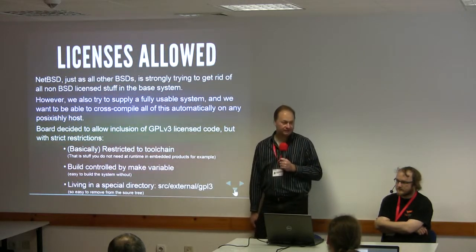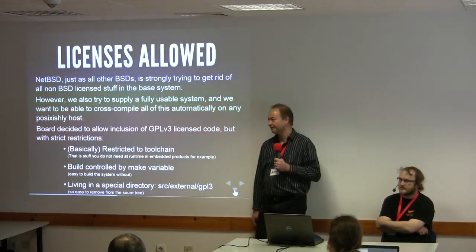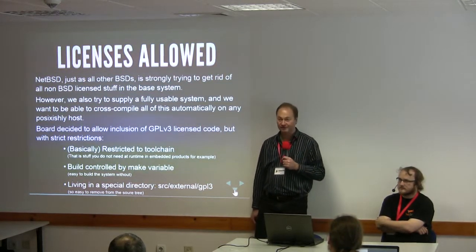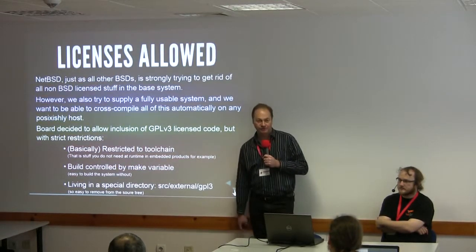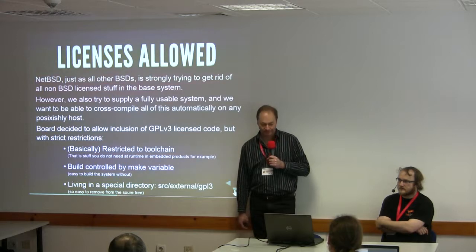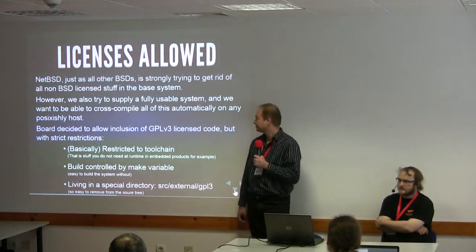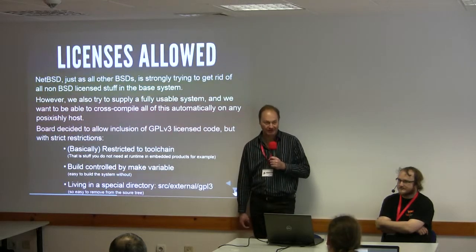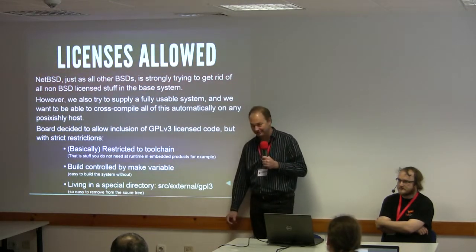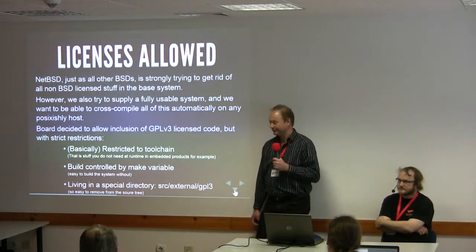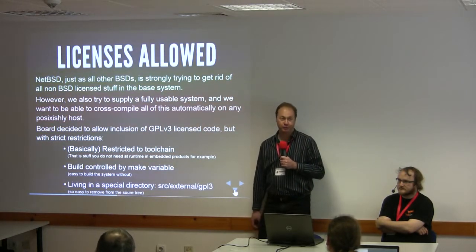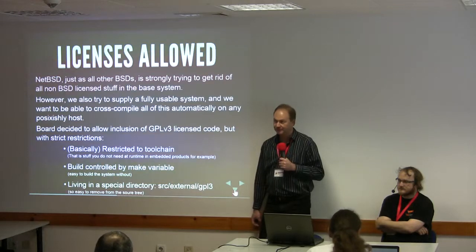One thing that probably is not obvious to non-NetBSD developers is we do allow GPL v3 code in tree, but with restrictions. We are aware of the strange license and we don't like it and we want to get rid of it, certainly. But we also want to have a modern toolchain, and Clang and LLVM don't work for all of our architectures yet.